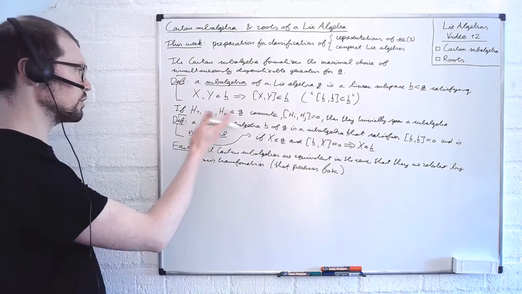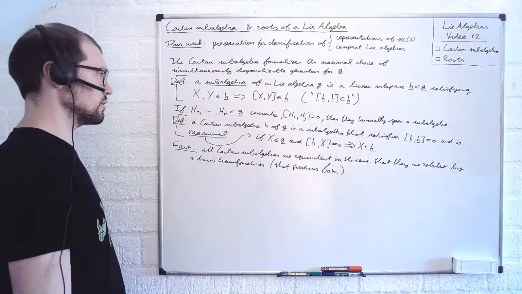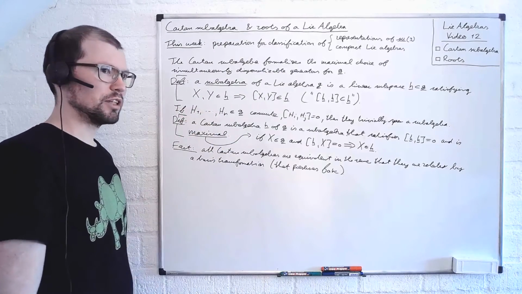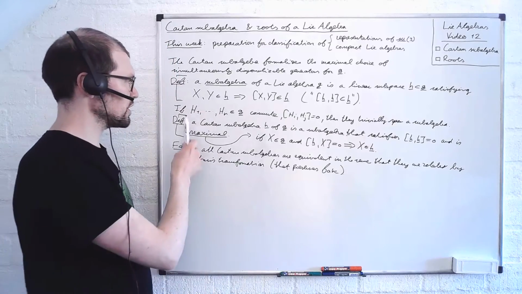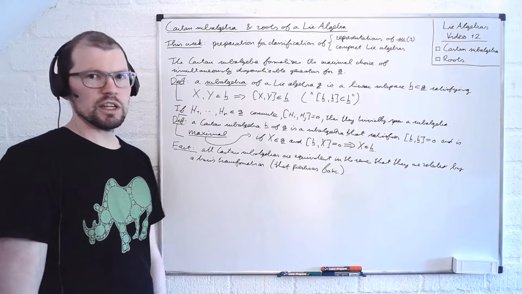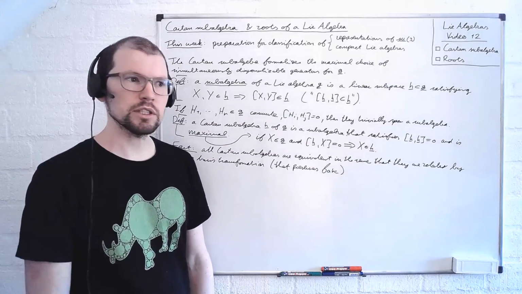So one does not have to worry really about what vectors we start with. As soon as we have found a maximal set of generators that commute, then it's as good as any other such set of generators.